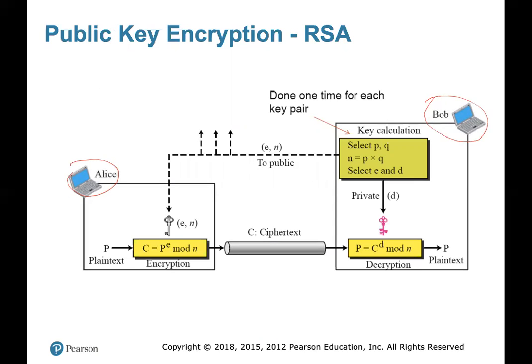So Alice will be using E and N as a public key and calculate P to the power of E mod N, send this over the channel, and then Bob receives ciphertext C, and C to the power of D mod N is going to be the plain text, or recovers the plain text, which is P.